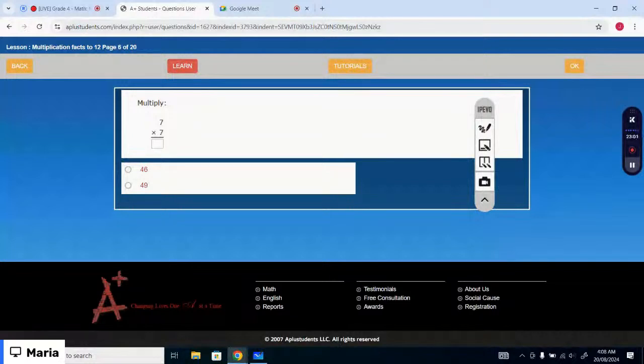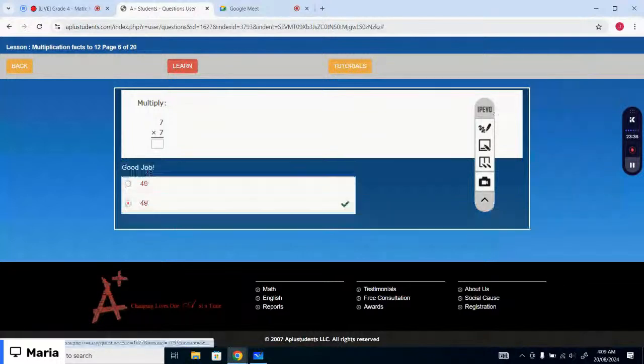The next one is 7 times 7. Which is the correct option? 7 times 7 is 49. The correct option is 49.